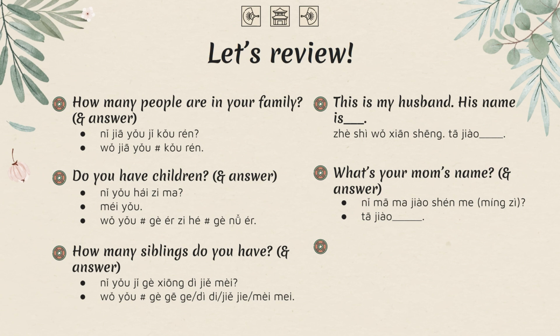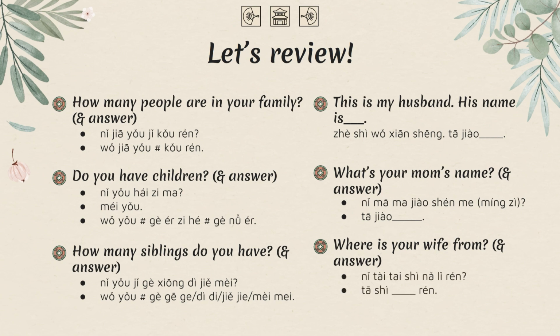Last one, this is again a review of a lesson that we did on places. Where is your wife from? And how would you answer it? So your wife is 你太太 or 你的太太, or if you want to be casual about it, 你老婆 or 你的老婆.